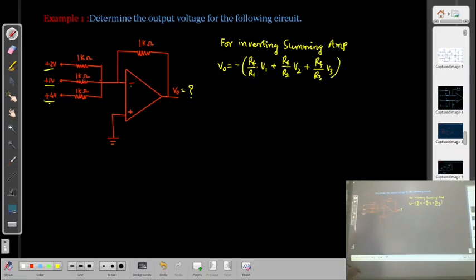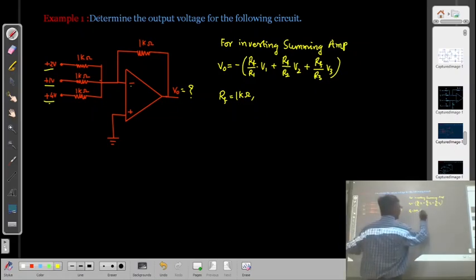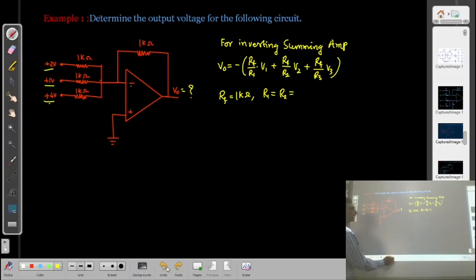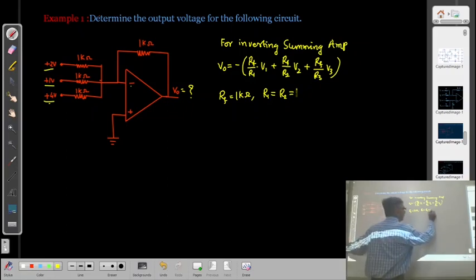This is the general expression for an inverting summing amplifier. Correct? Now here if you look at this, RF is 1 kilo ohm, as well as R1, R2 and R3 are also 1 kilo ohm.